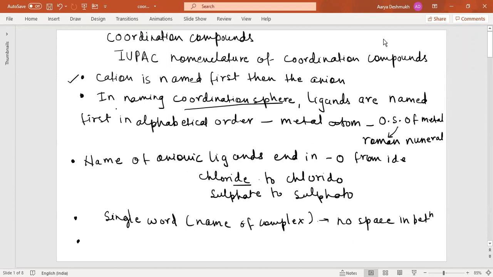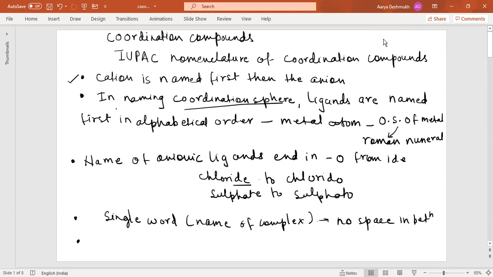But you can put a space if the chloride or sulfate, these anions, are present outside the coordination sphere. If there are atoms or a metal outside the coordination sphere, you can name them first and then write the name of the complex.